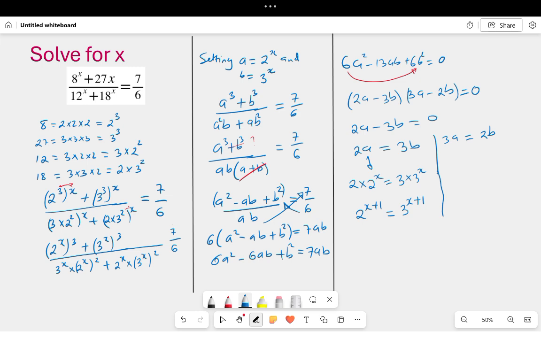All right. Now, here we have 3 times 2 to power x is equal to 2 times 3 to power x. If you divide by 3 here and by 3 here, then you're going to have 2 to power x is equal to 2 times 3 to power x minus 1, because we are dividing with 3.